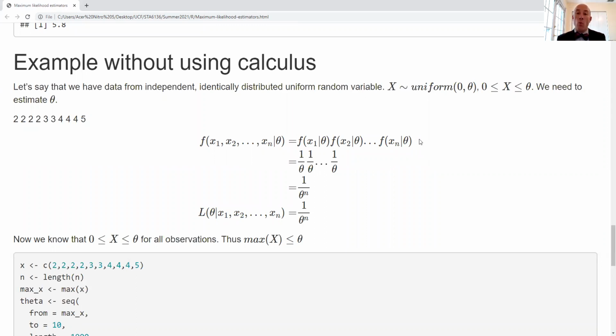The density is 1 over theta every single time, so I replace each of these with 1 over theta. I'm multiplying the same thing by itself over and over, so this is just 1 over theta to the power of n. So now I have my likelihood function: the likelihood of theta given my data is 1 over theta to the n.